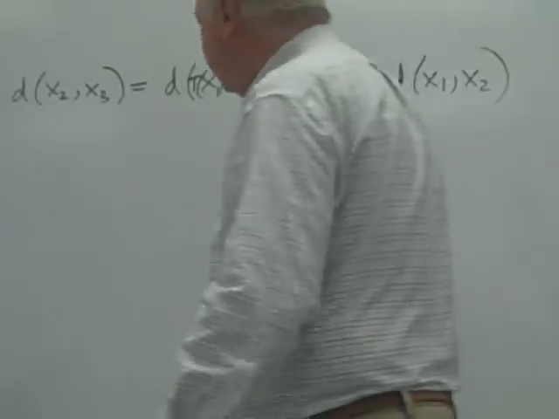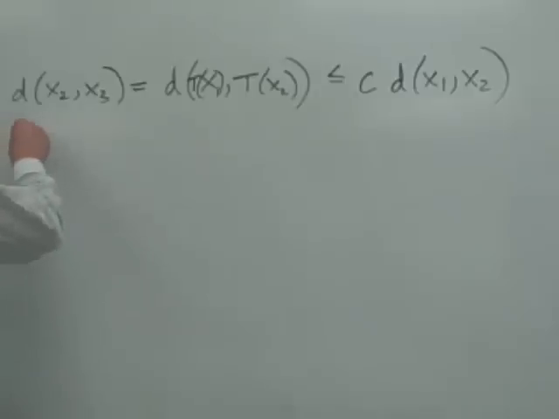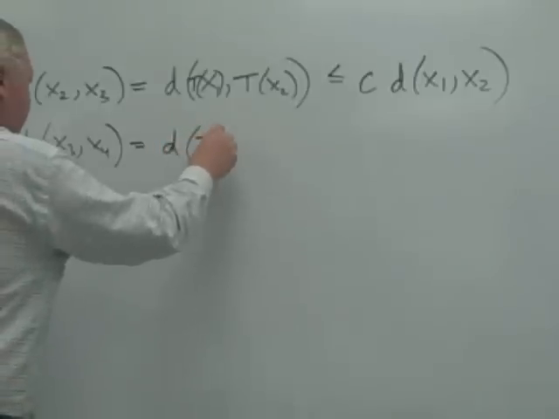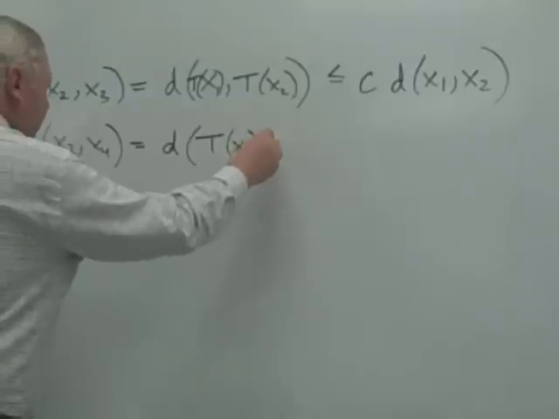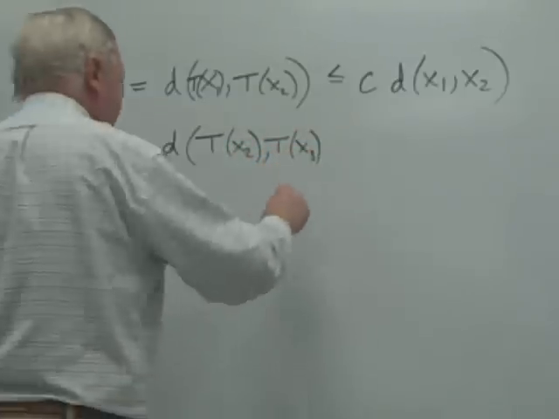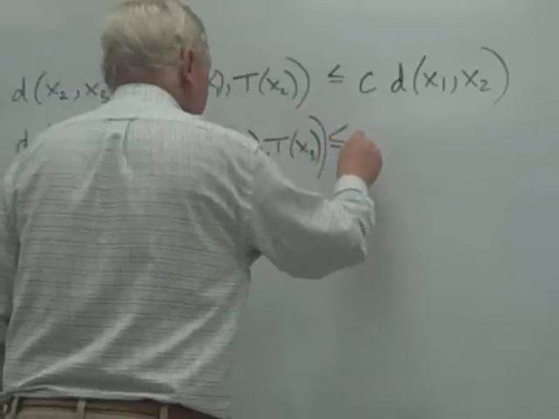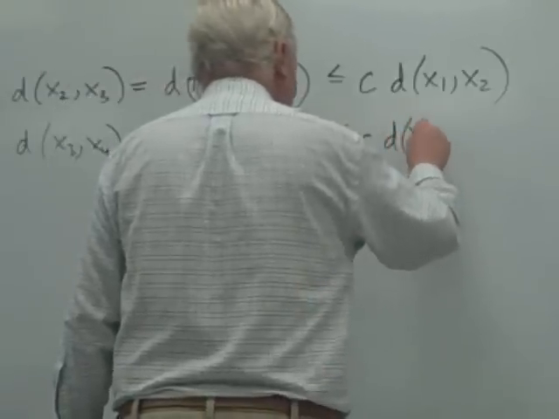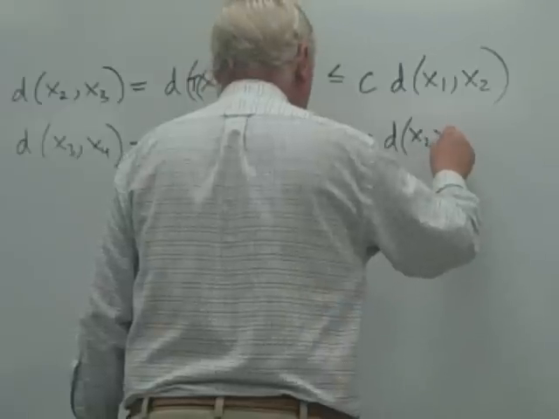Well, do it again. The distance between x3 and x4 is the distance between T of x2 and T of x3. That's at most c times the distance between x2 and x3.